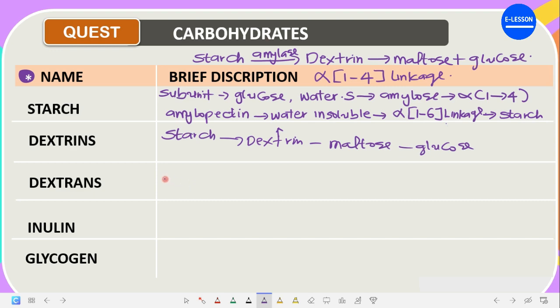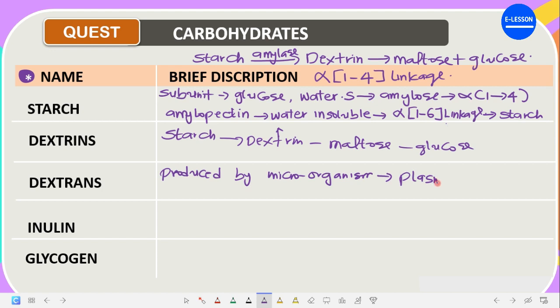Then the next one is dextran. Now, dextrans are polymers of glucose produced by microorganisms. Another thing you need to know is that they are used as plasma volume expanders.